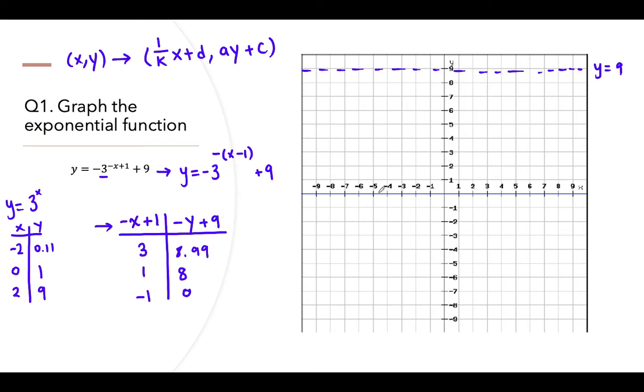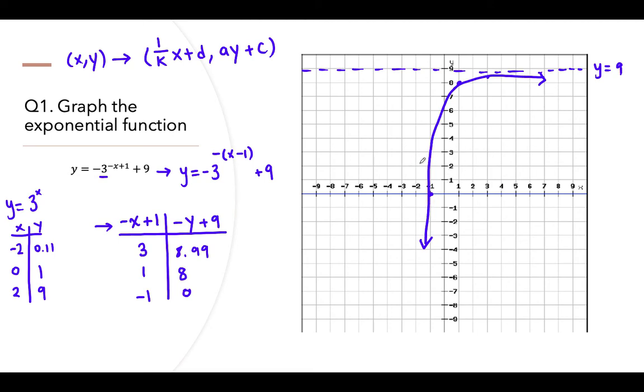Okay, and then let's label at 1, it's going to be 8. At 3, it's going to be 8.99, so it's very, very close. And then at negative 1, it's going to be 0. And the graph looks something like this. Make sure you draw the arrows at both ends.